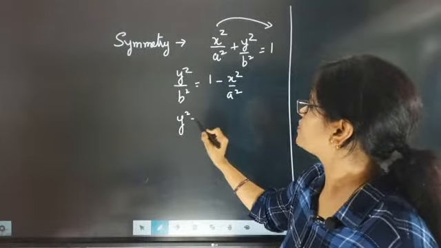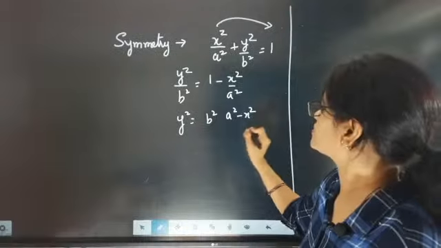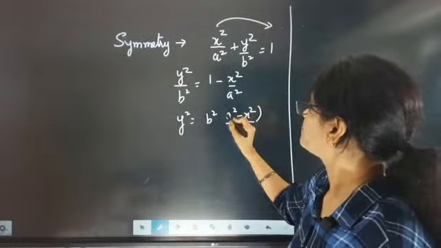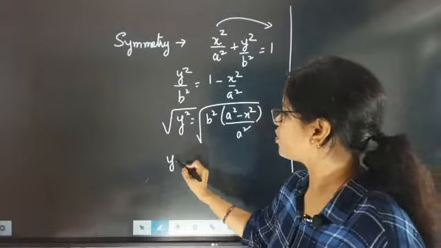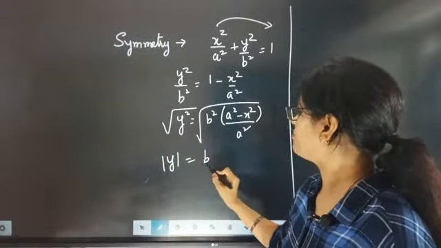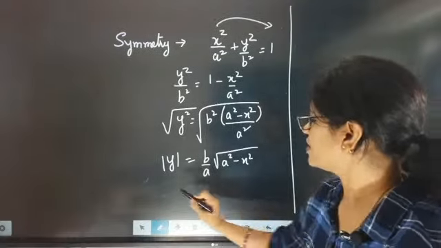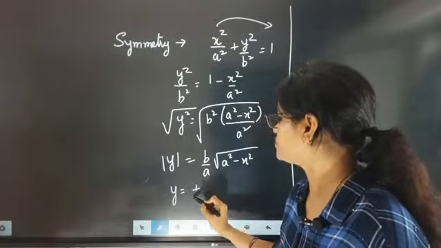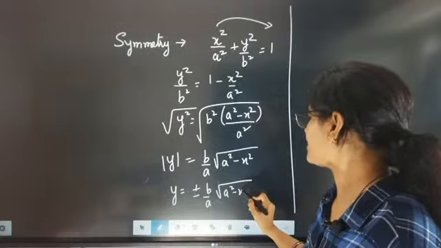So y square equal to b square, here a square minus x square by a square is coming. Now I'm taking root on both sides. So modulus of y is coming as b by a root under a square minus x square. So y will have two values, plus minus b by a root under a square minus x square.